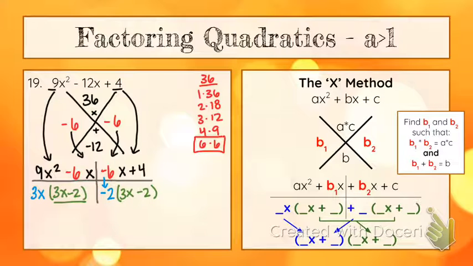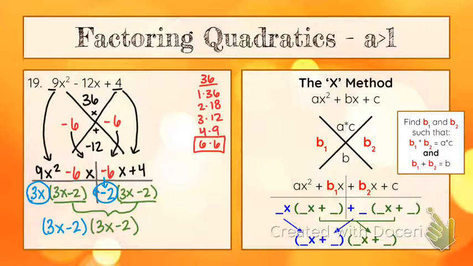Now, these two, our green ones, turned out to be the same, which is the way that it should happen if we did this properly. So we have 3x minus 2 as one of our terms, and then the blue ones make up our other terms. So we have 3x minus 2. Now, what do we notice about our two factors?